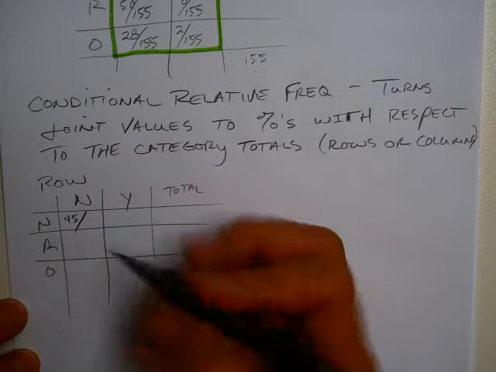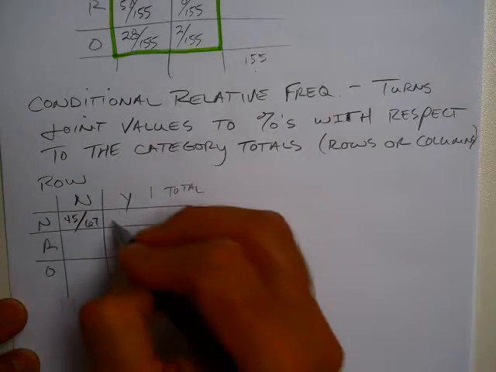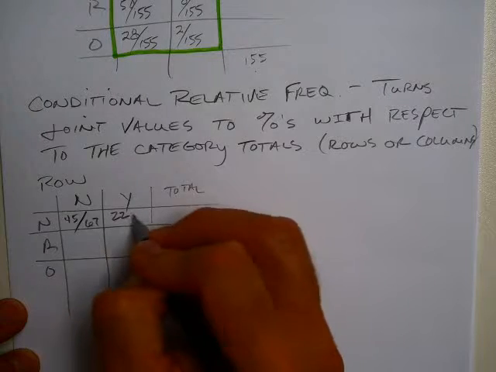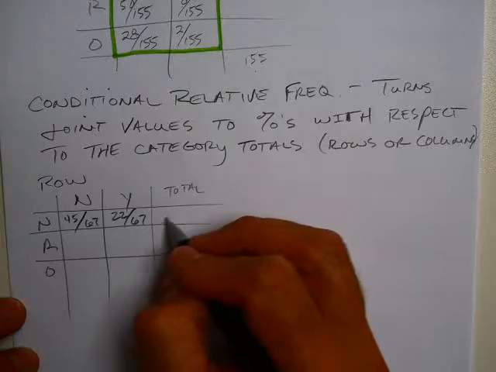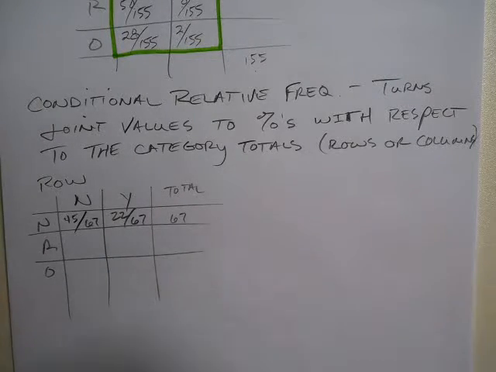This would be 45 out of 67. And 22 out of 67. And the total is 67. So in this case, these two percentages should add up to 100% of all of the responses for this category of I've never ridden a snowmobile. Does that make sense? So that becomes 1 or 100%.